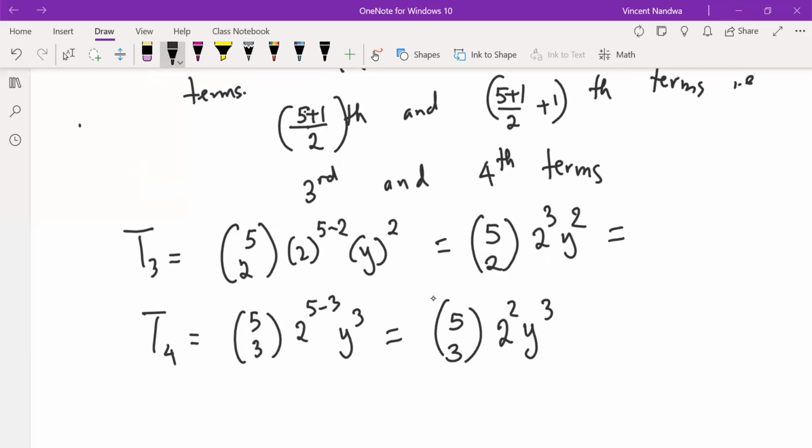I remember 5C2 is 5!/(2!(5−2)!), which is 5 times 4 times 3! over 2 times 3!.